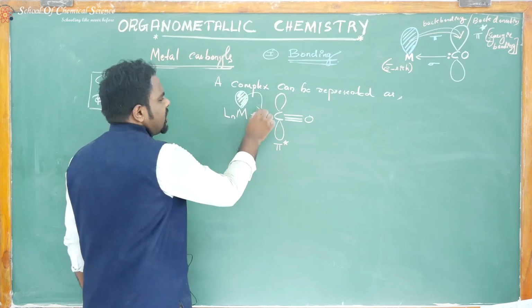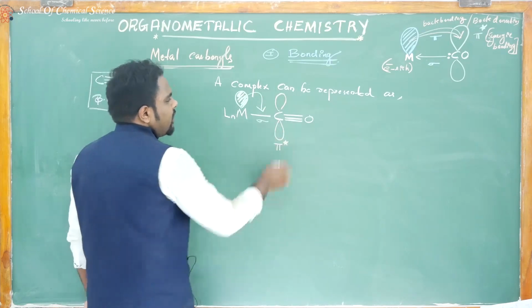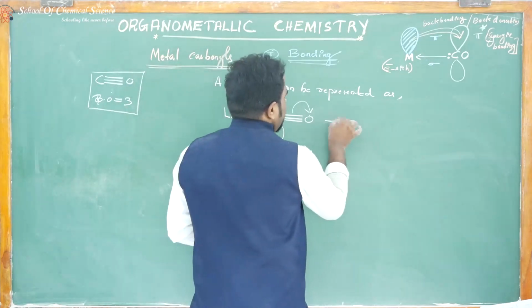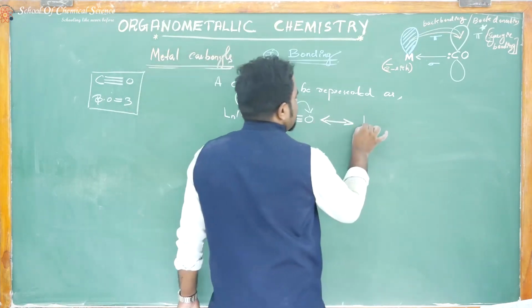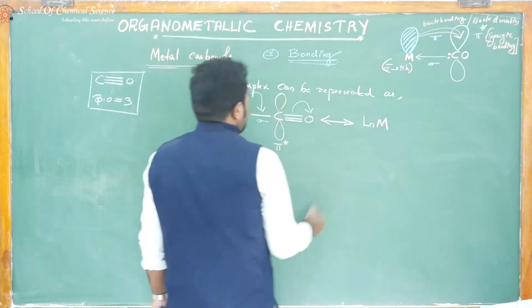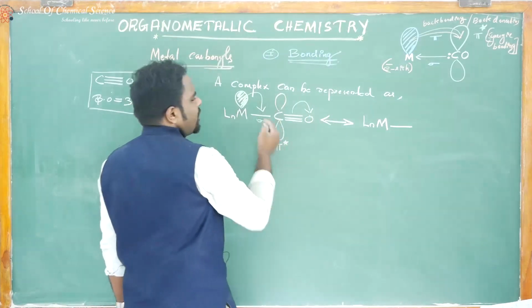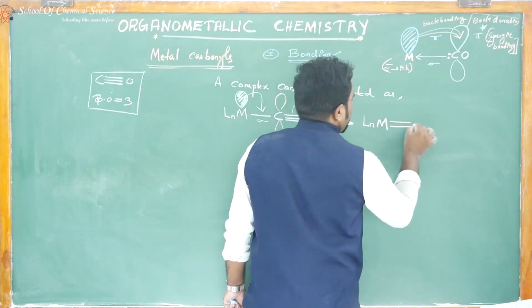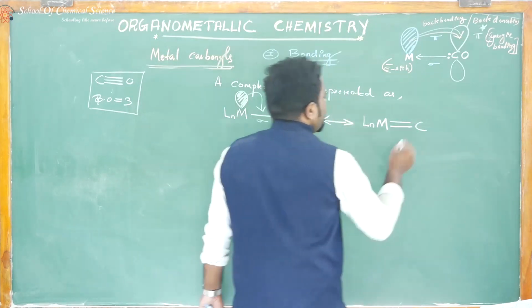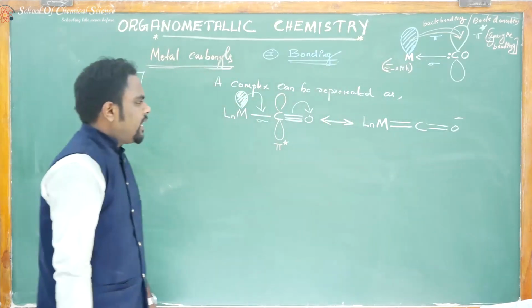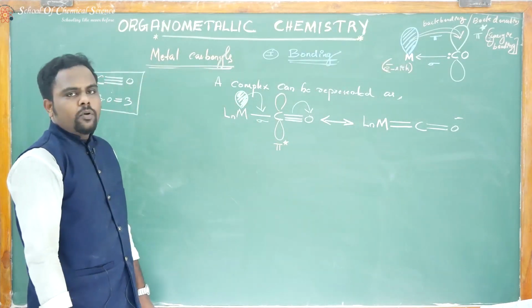This electron density will be donated to carbon, then automatically the bond shifts towards oxygen. So reversibly it gives L n metal. Already one sigma bond is there. Due to back donation, one more bond is formed, and C triple bond becomes double bond O minus.